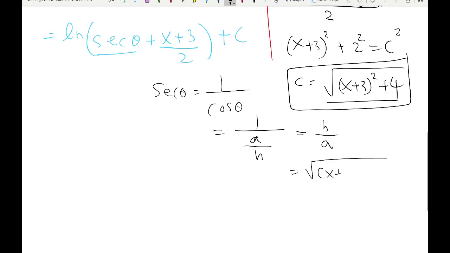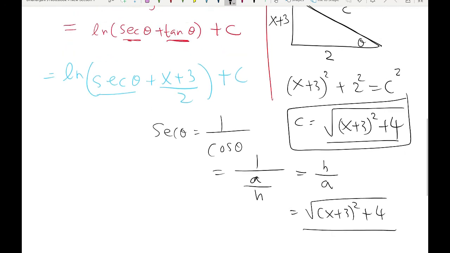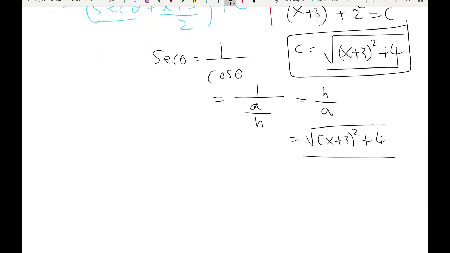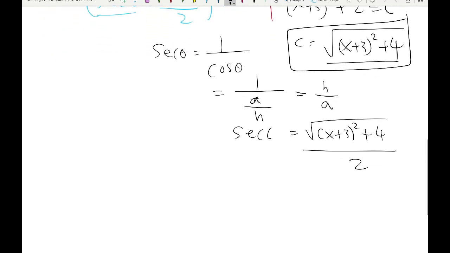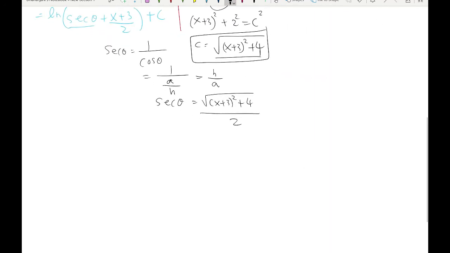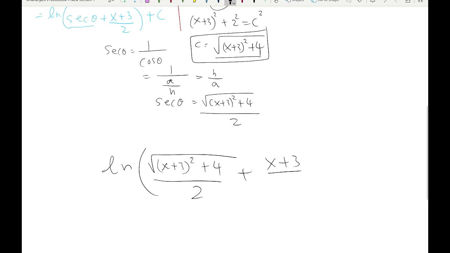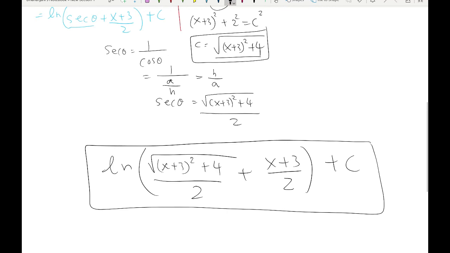So the hypotenuse length is the square root of (x plus 3) square plus 4, over the adjacent side, which is 2. So this is secant theta. So let's write the final solution, shall we? So natural log of secant theta, which is square root of (x plus 3) square plus 4 over 2, plus tangent theta, which is (x plus 3) over 2, plus c. So this is the solution for the integral.